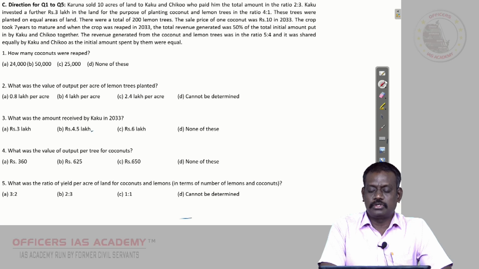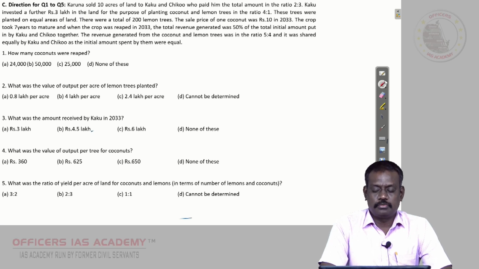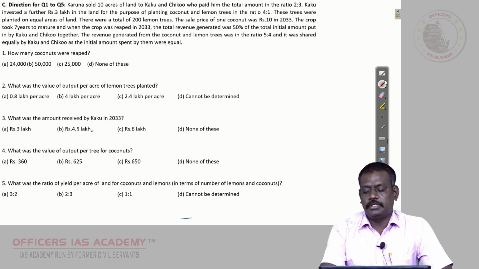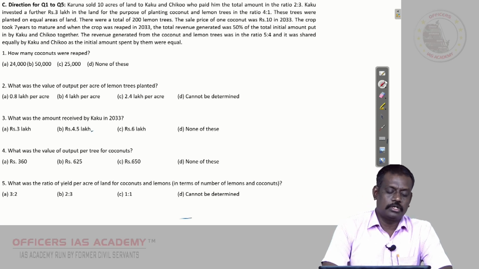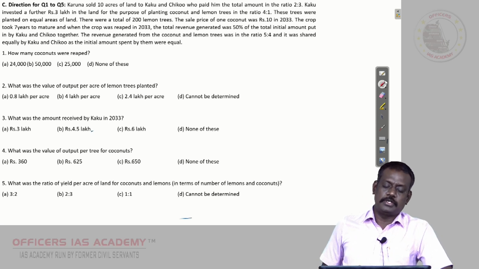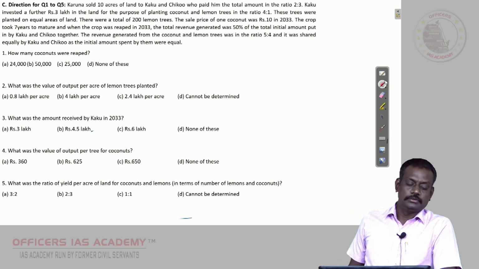The sale price of one coconut was rupees 10 in 2033. The crop took 7 years to mature, and when the crop was reaped in 2033, the total revenue generated was 50% of the total initial amount put in by Kaku and Chikku together. The revenue generated from the coconut and lemon trees was in the ratio 5:4, and it was shared equally by Kaku and Chikku as the initial amount spent by them were equal.